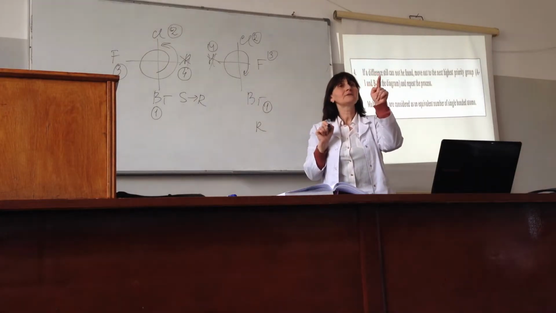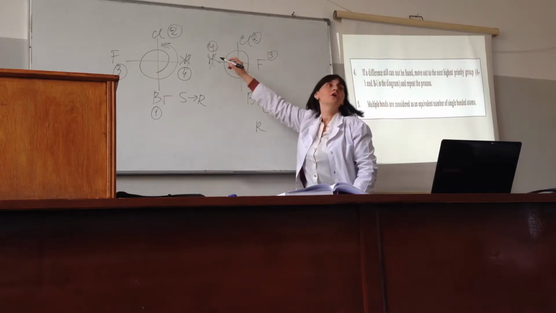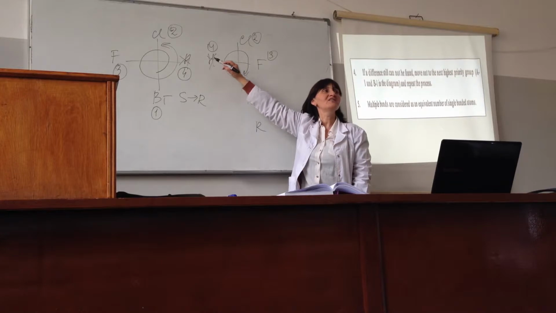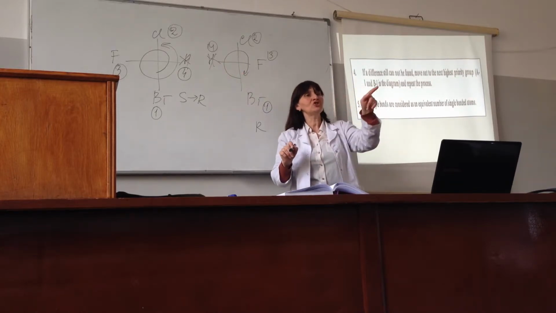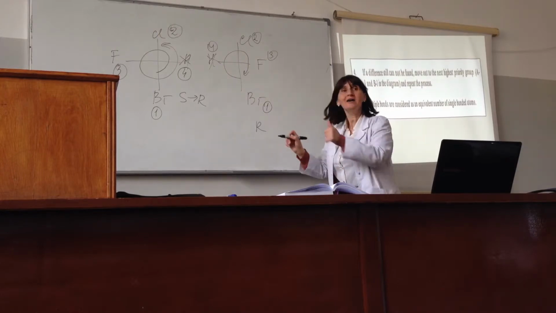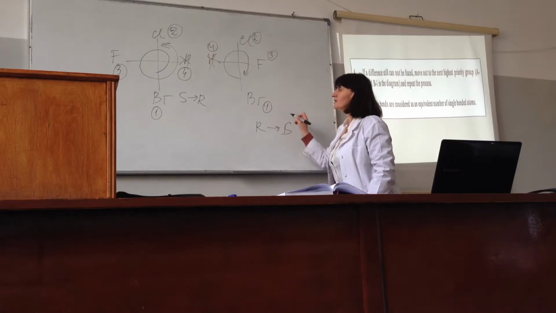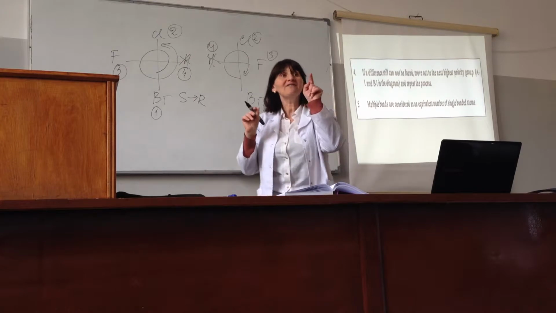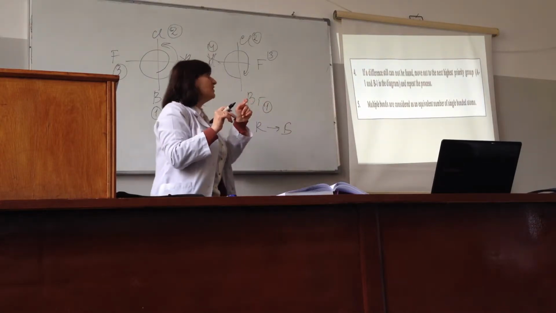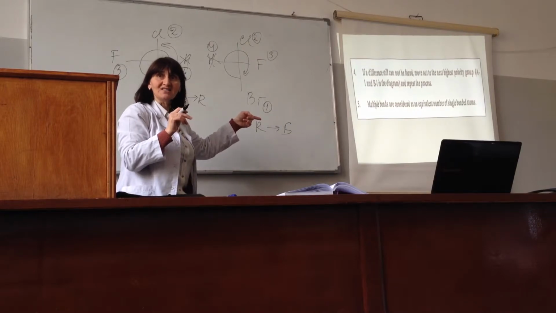After that, look at your junior group. In this case, it is on the horizontal line. So once again, you have to change configuration R to S. And finally, your absolute configuration is S. As you see, if you have enantiomers, so if one has R configuration, the second one always has S configuration.